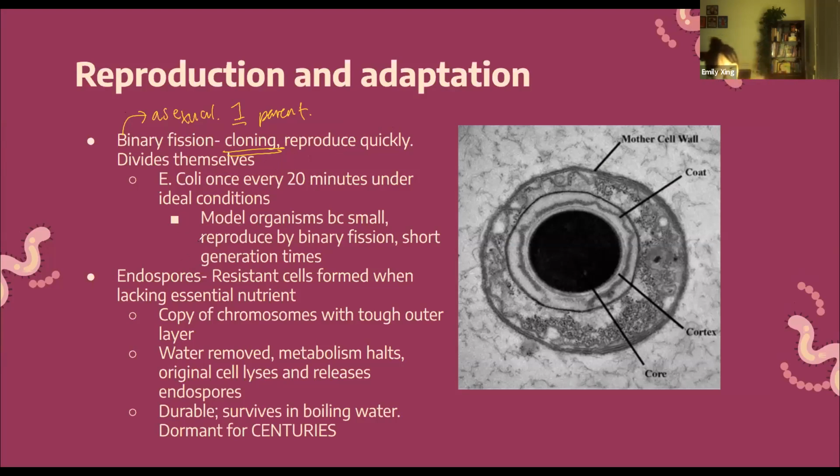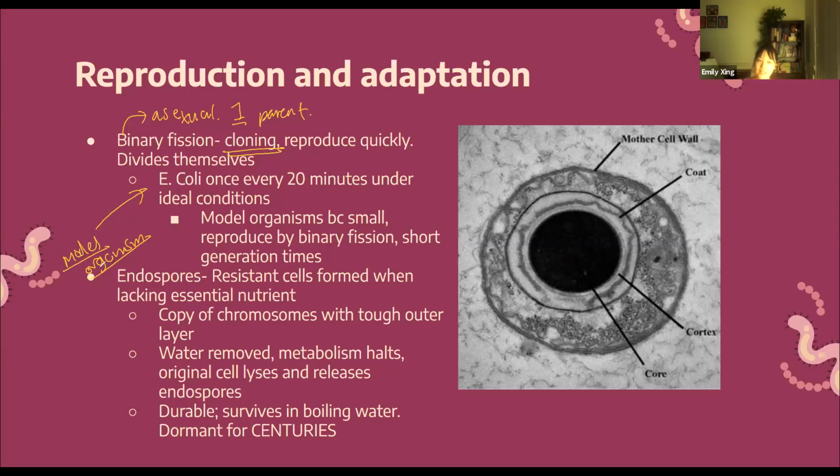To get an idea of how fast they can reproduce, I'm sure you all know that pregnancy lasts 9 months, which is very painful in humans. But then E. coli, which is a model organism. A model organism is basically a really well-studied organism that can be grown fast, tested on, and applied to a variety of science theories, hypotheses and experiments.